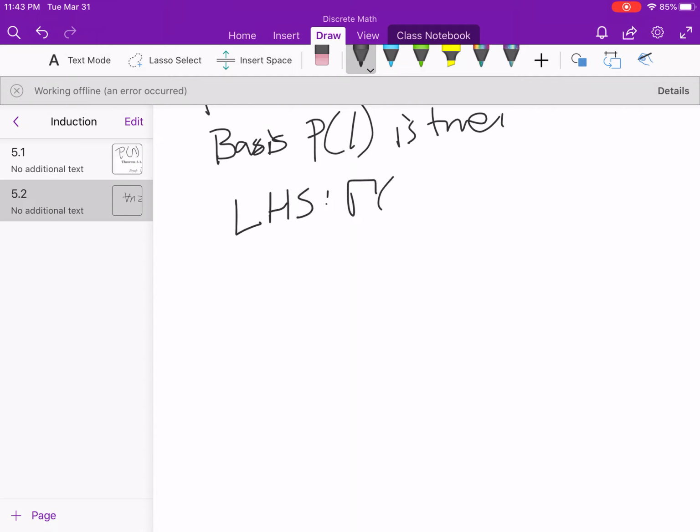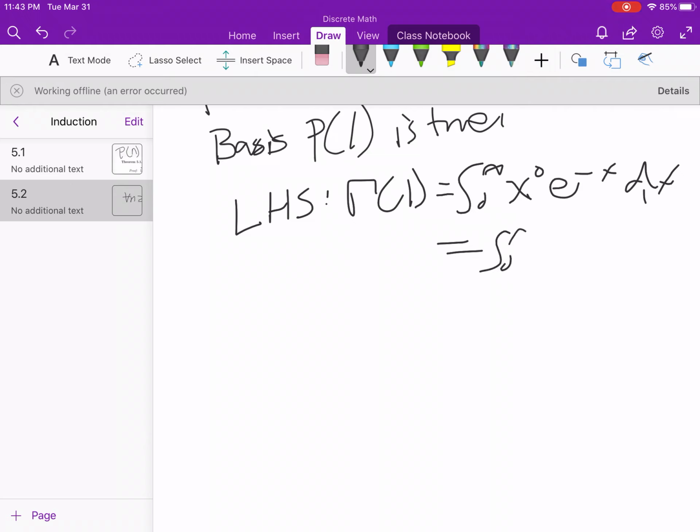That's gamma of 1. So that's an improper integral from 0 to infinity. If I put 1 in there, I get x to the 1 minus 1, which is x to the 0, e to the negative x dx. So that just gives me this integral.